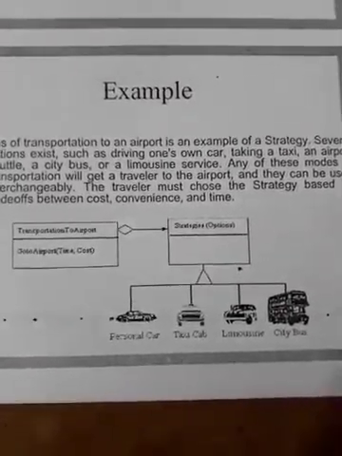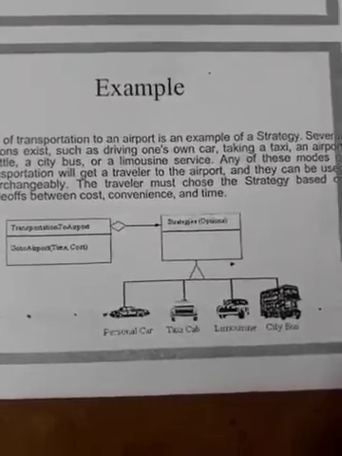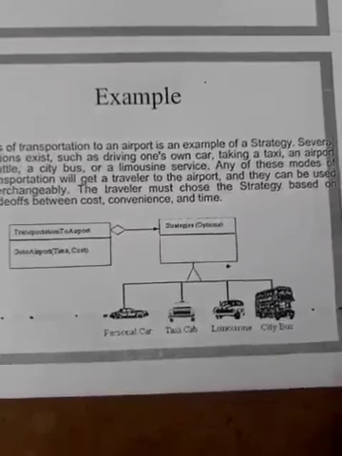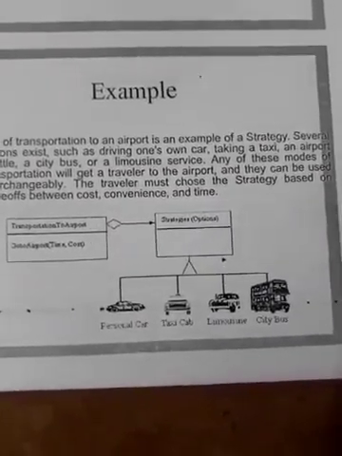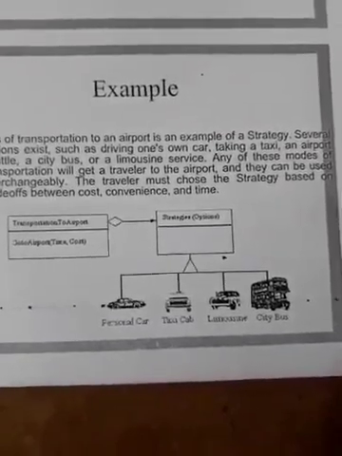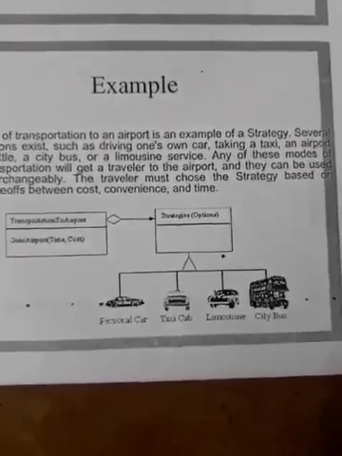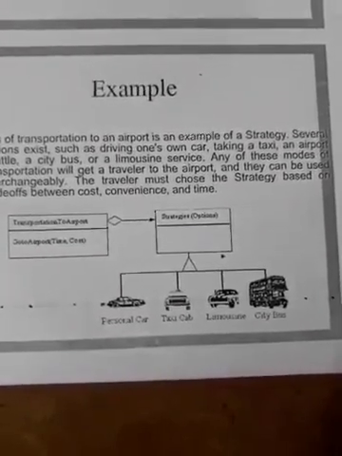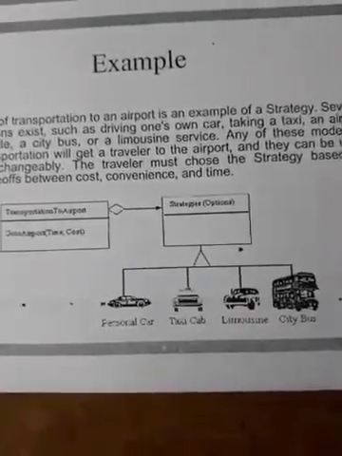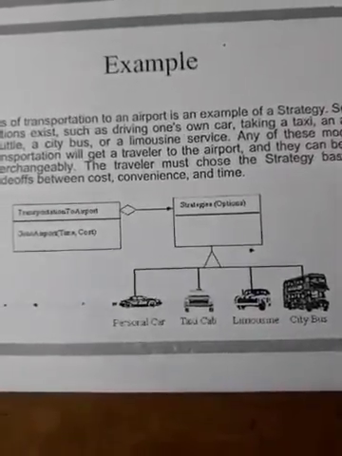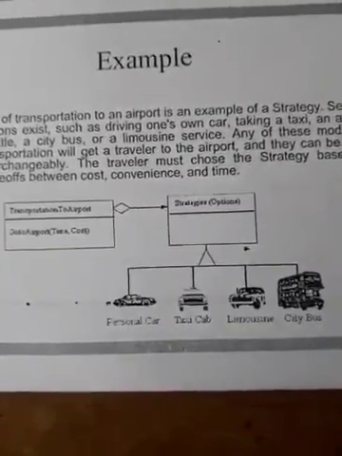Let us assume that the strategy option is a home or a house, and a person, say his name is Ram, has to travel from his home to the airport to go to some other places. On the left side, we are seeing the home of Ram, and Ram is living here.